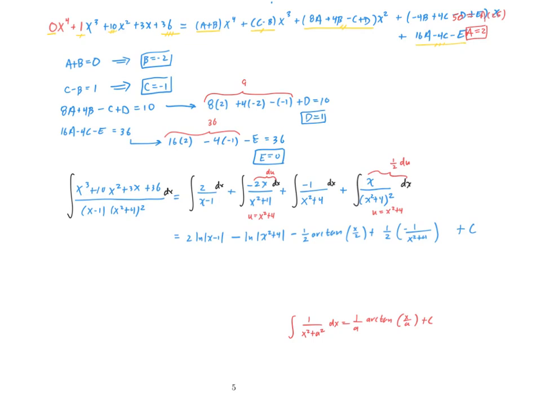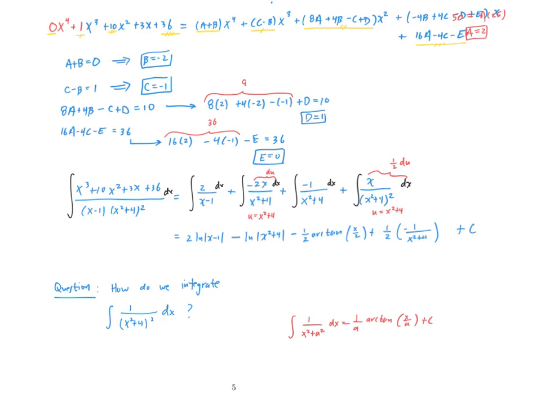Let me just throw an additional question in here, which is as follows. When e is not 0, we would have to end up integrating a term of the form 1 over x squared plus 4 quantity squared. How would we go about evaluating that integral?